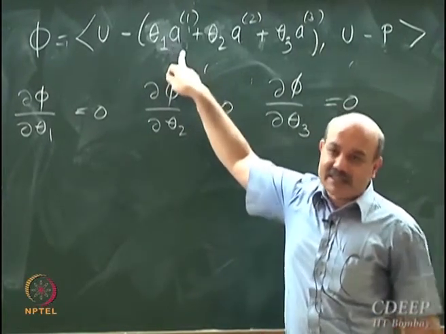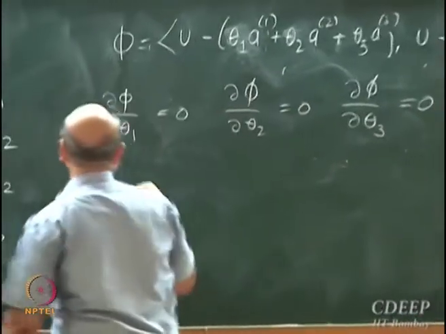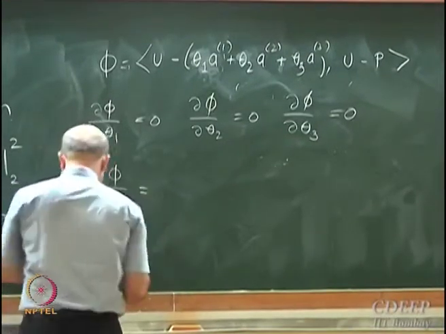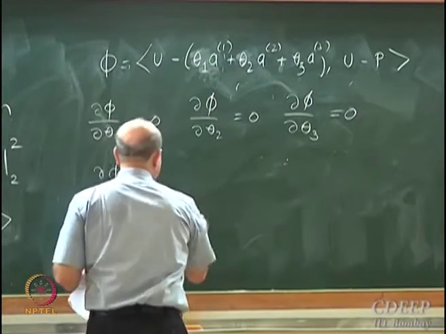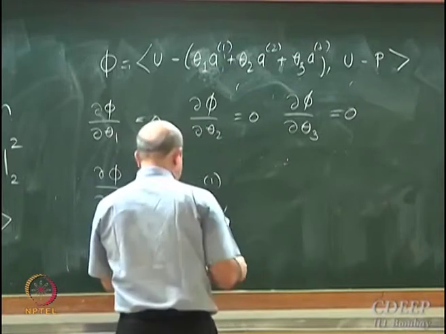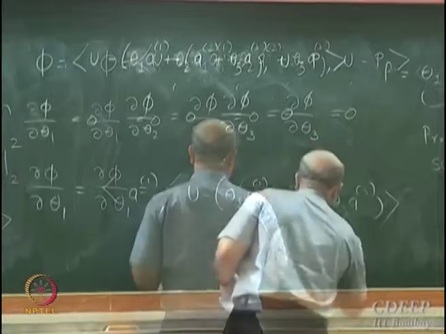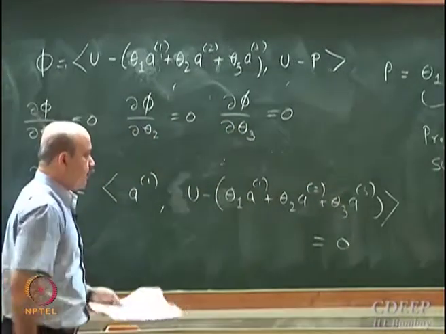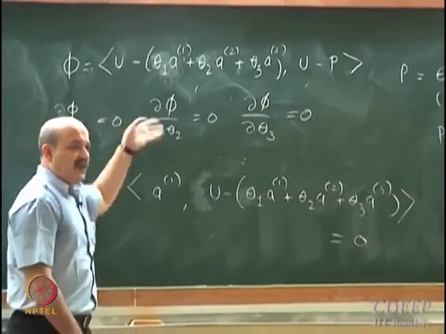You can check this, but I am just going to write the final result: dou phi by dou theta 1 is nothing but A1 comma the other vector.